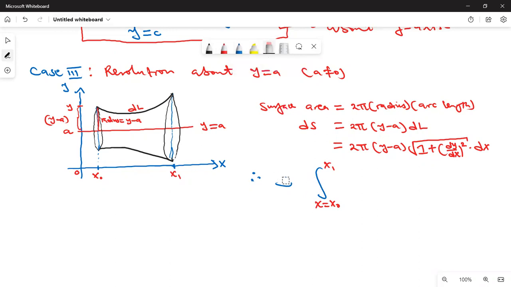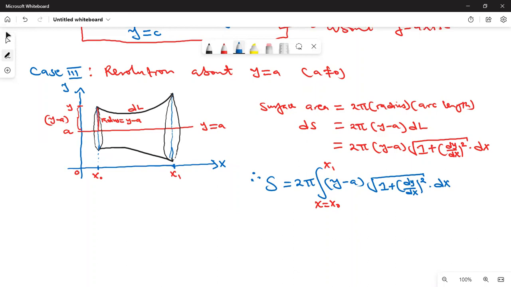So s is equals to 2 pi times the integral of y minus a times the square root of 1 plus dy over dx squared, integrated with respect to x.